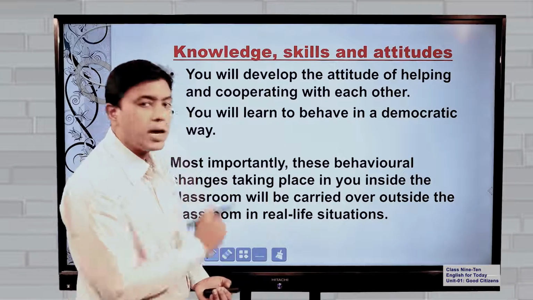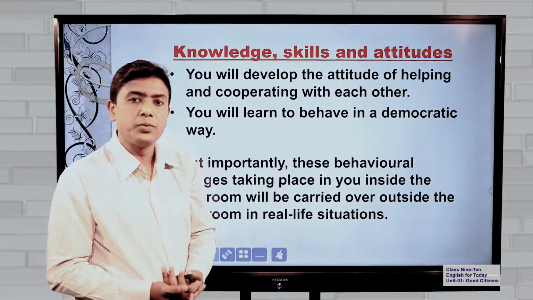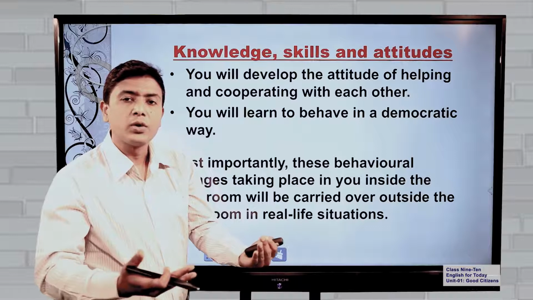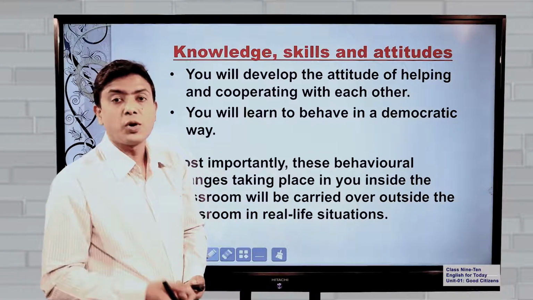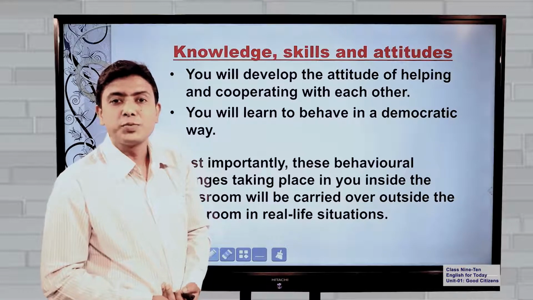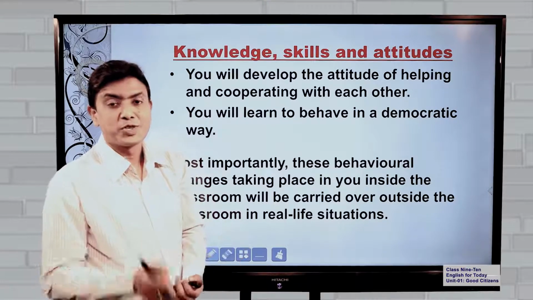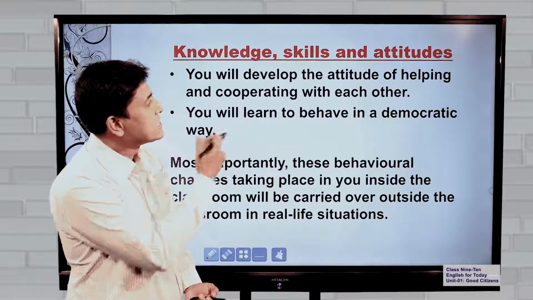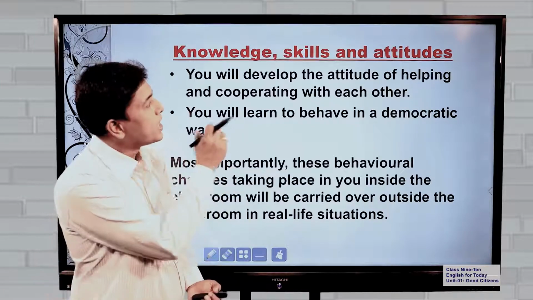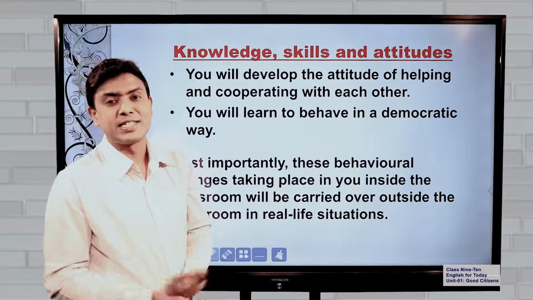It is going to help you behave well with all the members of the society. So positive changes, positive attitude is going to be your personality. So, a very important phenomenon of our knowledge, skills, and finally, with the help of them, positive attitudes.